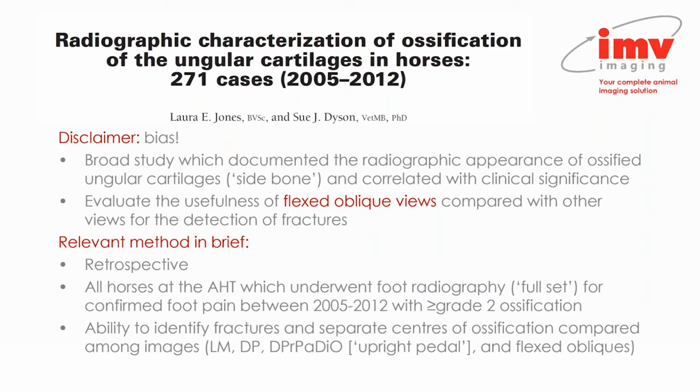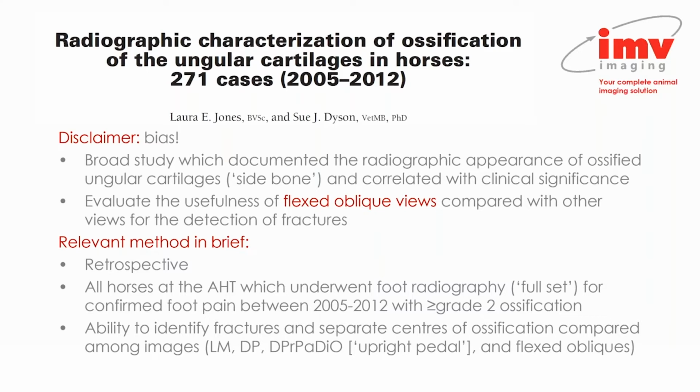This was a retrospective study, and we included all horses which underwent a full foot radiography over a time period between 2005 and 2012, which had at least grade 2 ossification.